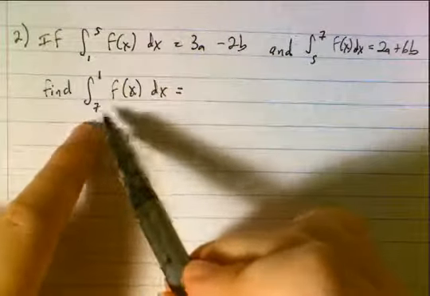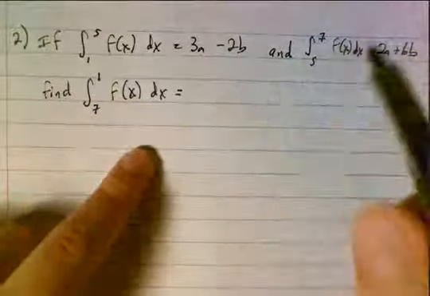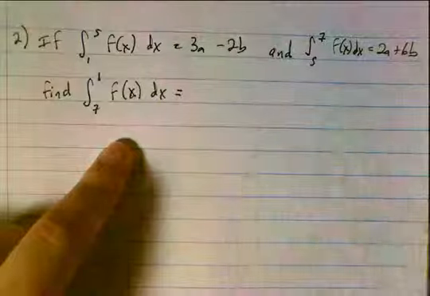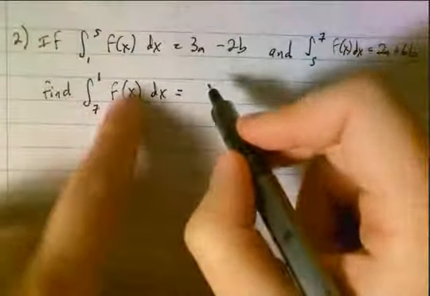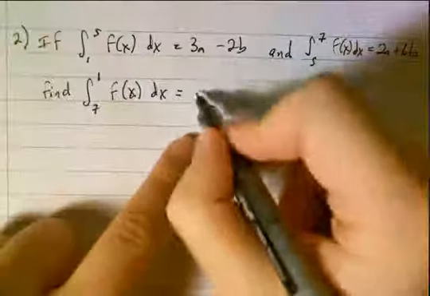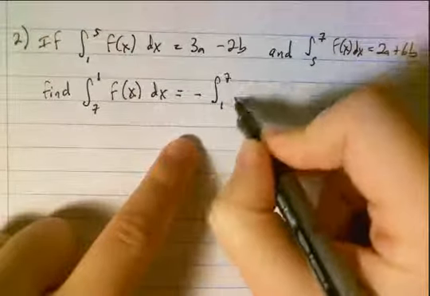So we're going in the opposite direction for this one as we are up here. So we can put these together to get the integral from 1 to 7. But to get the integral from 7 to 1, we have to reverse that. It's the opposite of the integral from 1 to 7.